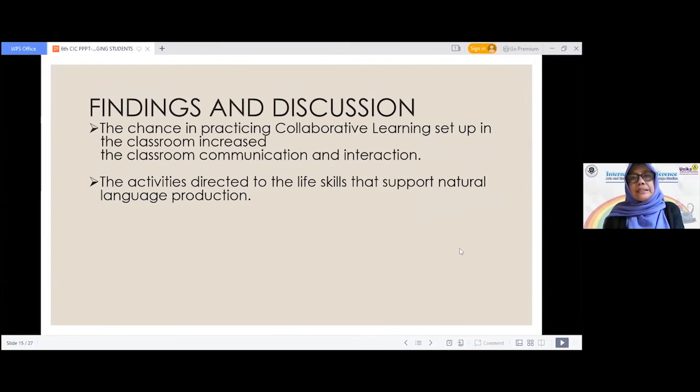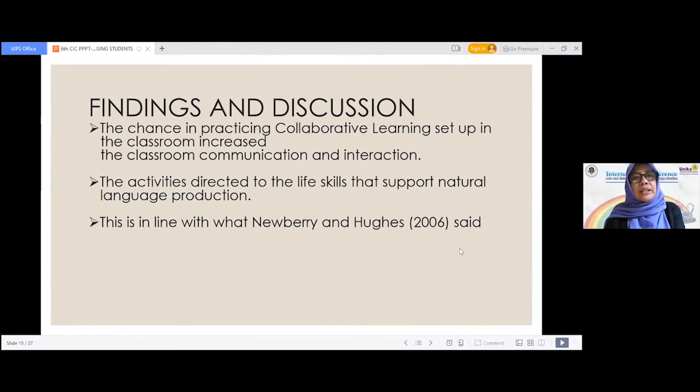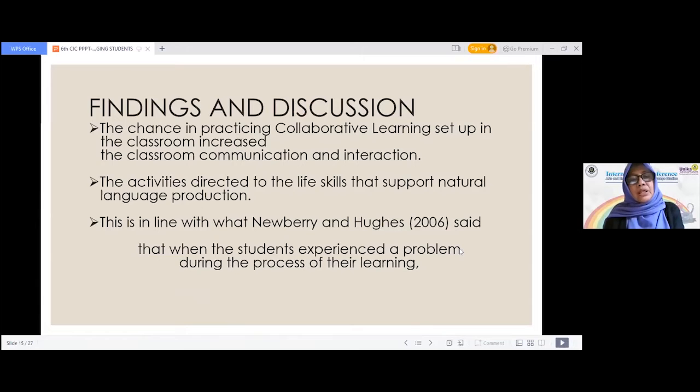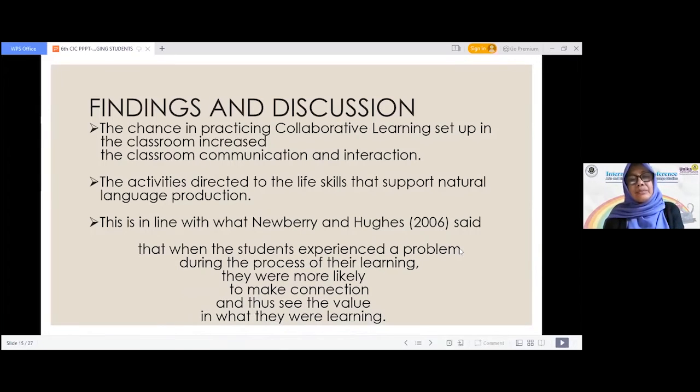The chance to practice collaborative learning set off in the classroom increased the communication and interaction. The activities were directed to life skills that support natural language production. This is in line with what Newberry and Hayes 2006 said: when students experienced a problem during the process of their learning, they were more likely to make connections and thus see the value in what they were learning.